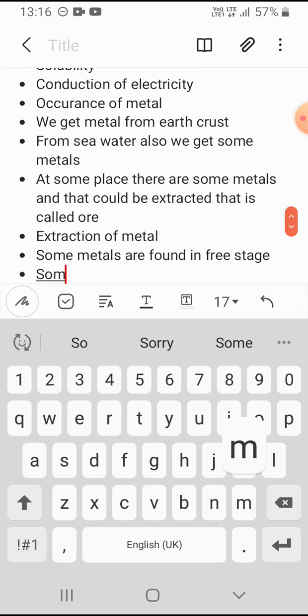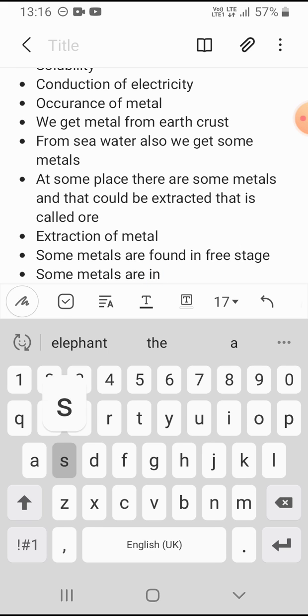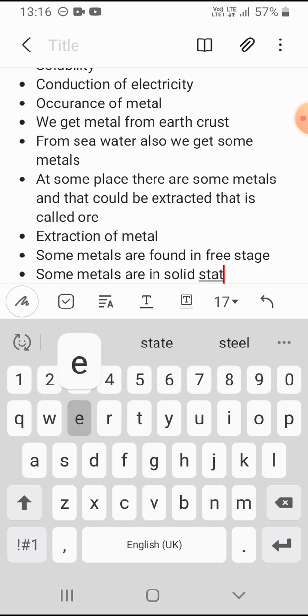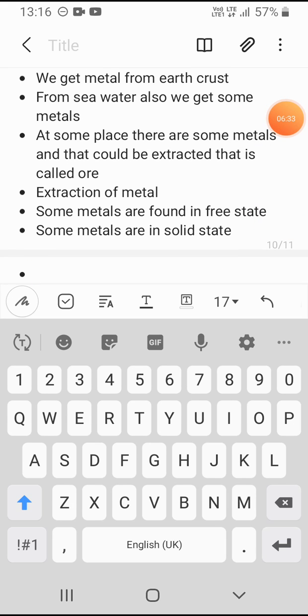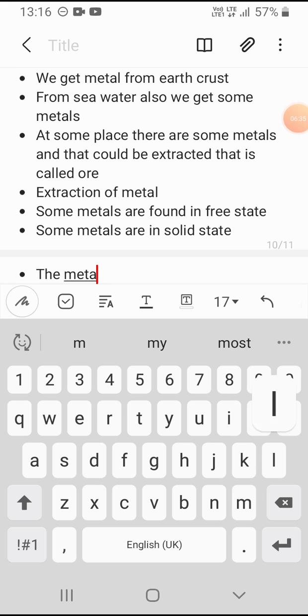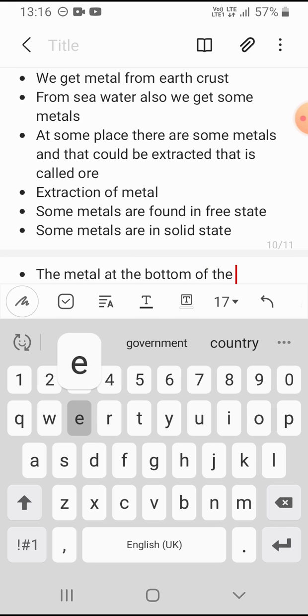And some metals could not be extracted. Some metals are in solid state or in other states. Metals at the bottom of the earth are less reactive.